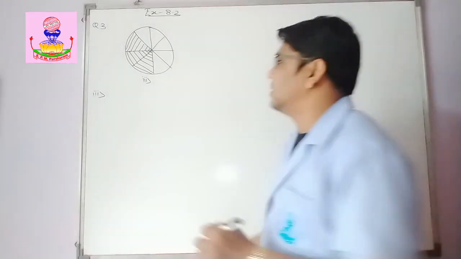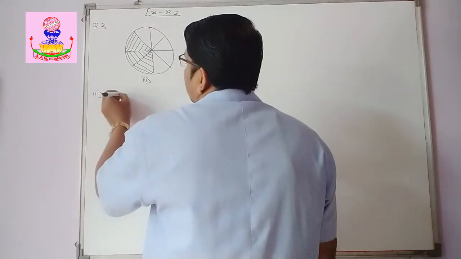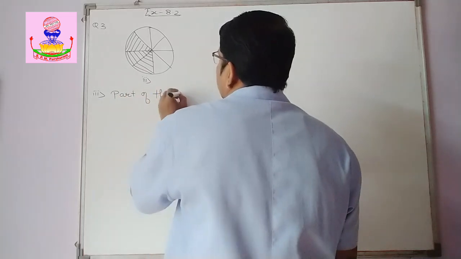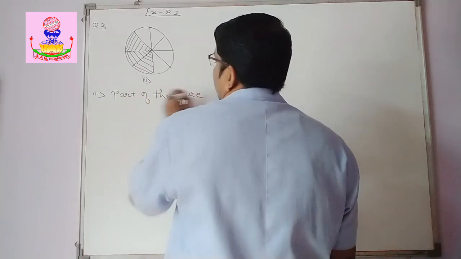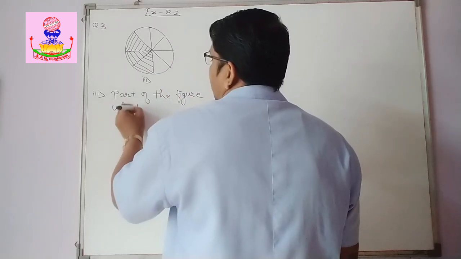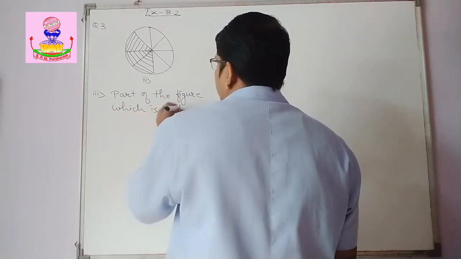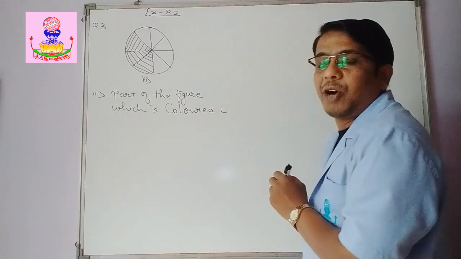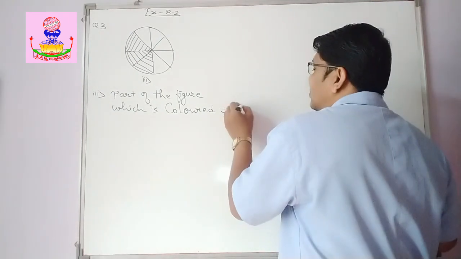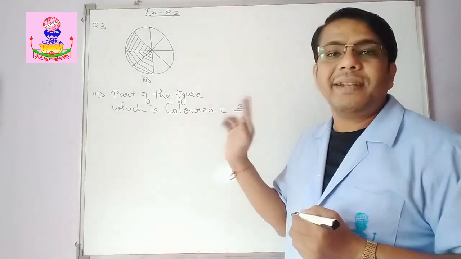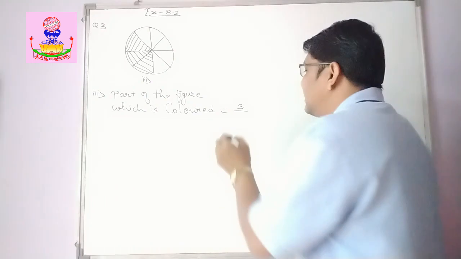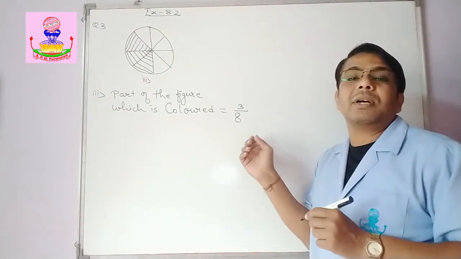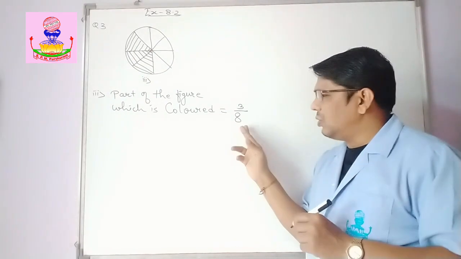So first you have to find out what part of the figure is colored. So the part of the figure which is colored is equal to, how many parts are colored? 3. And total parts are 8. So 3 out of 8.